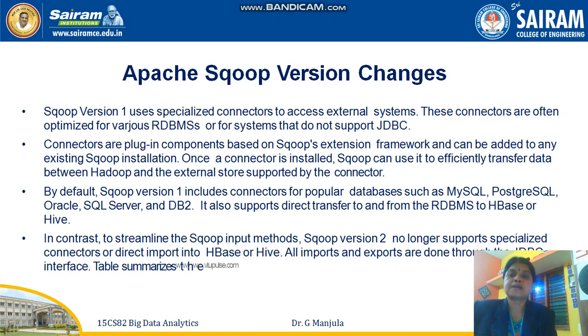So Apache Scoop version changes. This is about Scoop version 1 and Scoop version 2, which is in contrast, streamlined. Version 2 no longer supports specialized connectors, and instead of that we have moved to HBase and Hive. All the important exports are done through the interface.